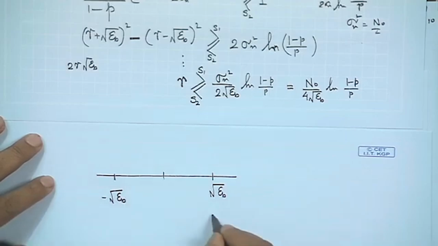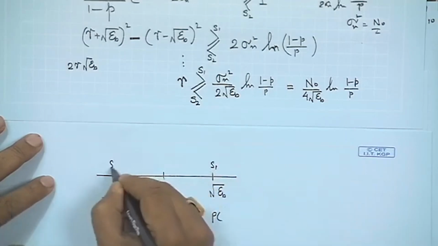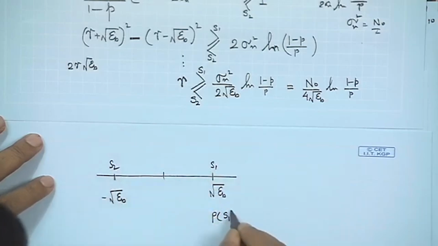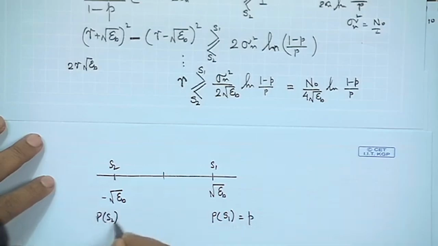This is S1, this is S2. The probability of S1 being sent is P, and the probability of S2 being sent is definitely 1 minus P.